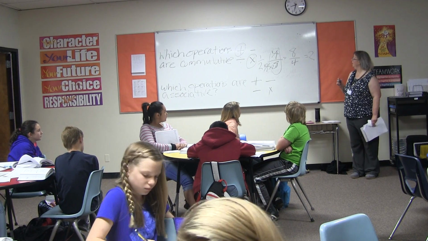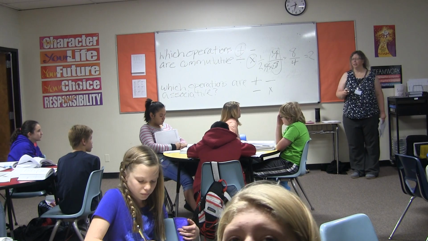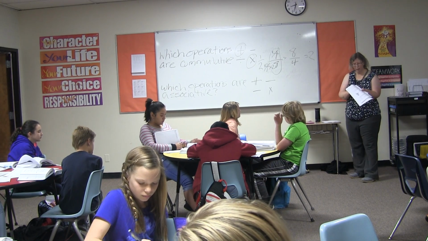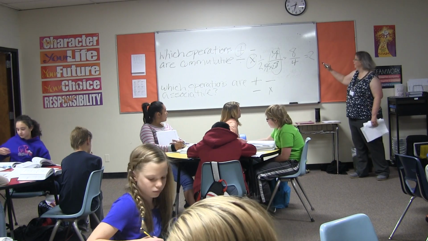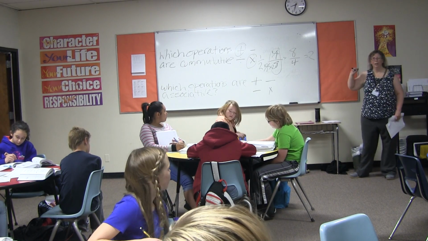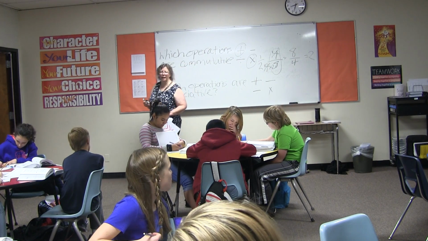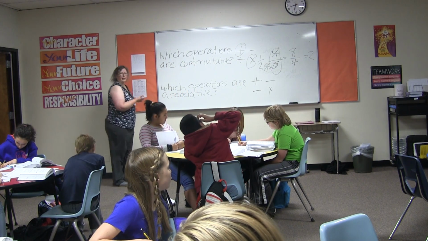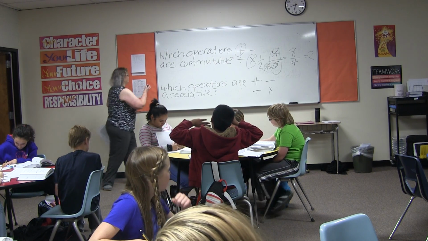So that's an example of why division is not commutative. I would encourage you to go ahead and write that down in your workbook as an example of why division is not commutative at all, and I'll write down the subtraction example that Kenneth gave us. It was 7 minus 3, right? Okay.